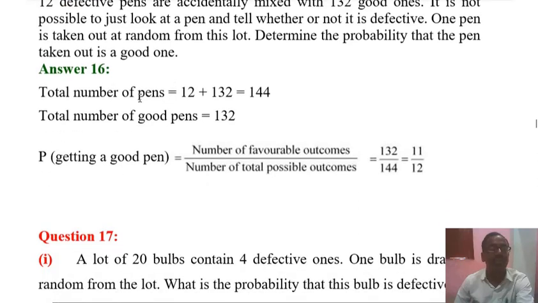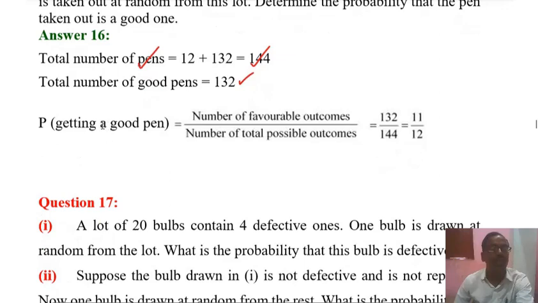The total number of possible outcomes will be 144, defective plus non-defective. The total number of good pens is 132. So the probability of getting a good pen is the number of good pens by the total number of pens, equal to 132 by 144. After cancelling the common factor, it will be 11 by 12.